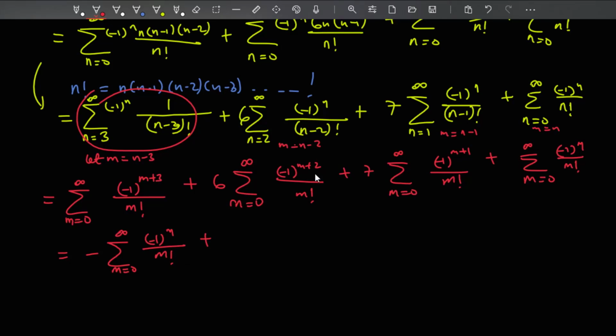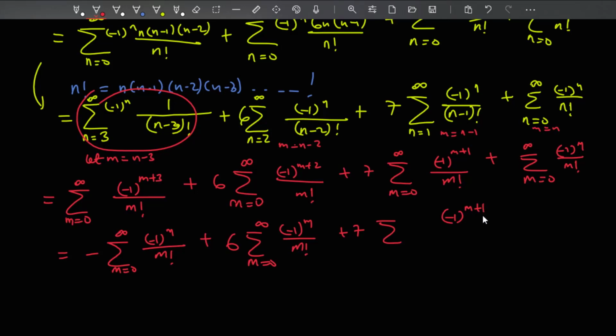This is negative 1 to the power m times negative 1 squared, which is positive. So I have a positive sign here: 6 times the summation from m equals 0 to infinity of negative 1 to the power m over m!.